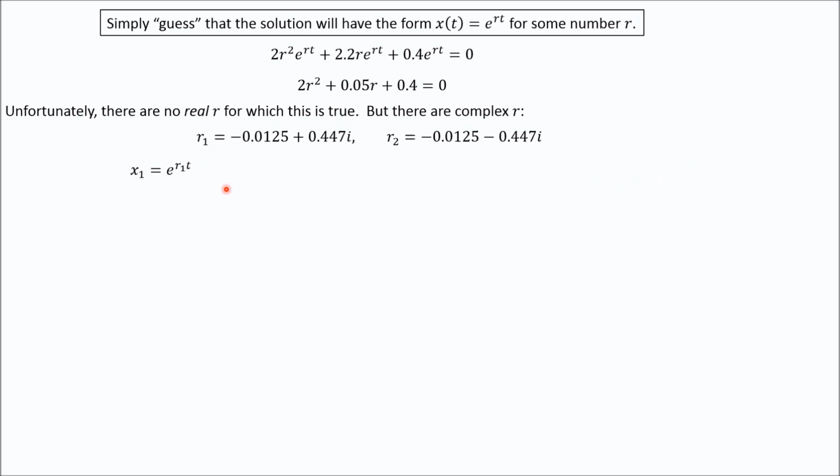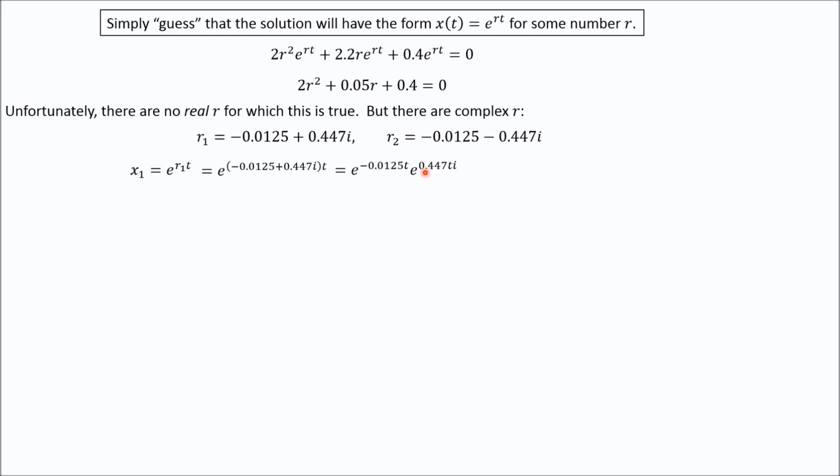But what does it mean to take e to a complex number power? Well, there actually is a formula for that. So first of all, let's plug in r1 to get our first solution. And how do we deal with this i? Let me show you. First thing we do is we take the real part and move it aside. So we have this, which is a real valued thing.